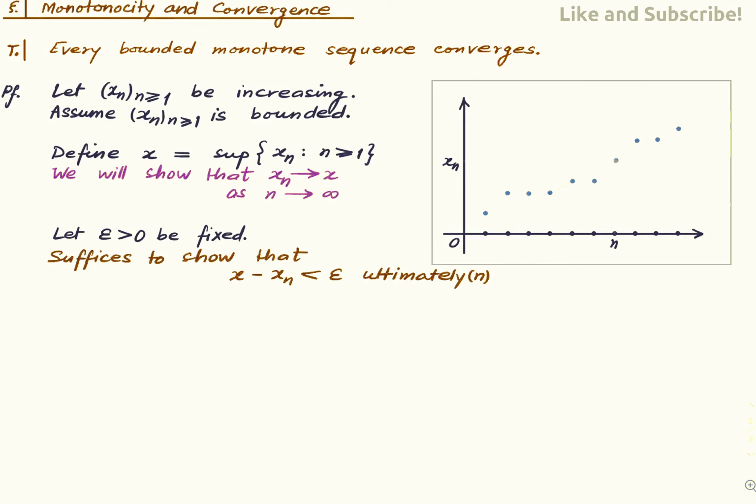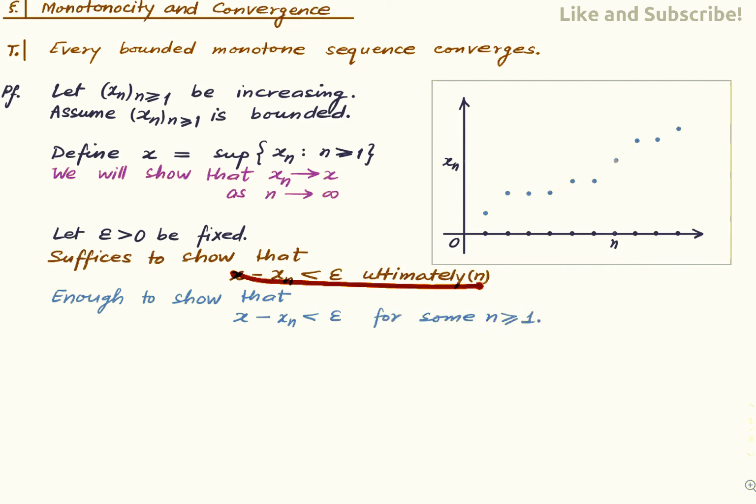Okay, so maybe I should have stressed on a certain point. Since the sequence is bounded, this x is a real number. It is not infinity. So this is why we are able to take this difference and all. Okay, so this is the final thing that we need to do, the orange thing. But further observe that it is enough to show that, for some n.